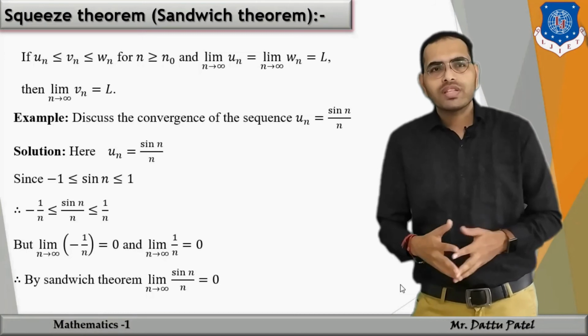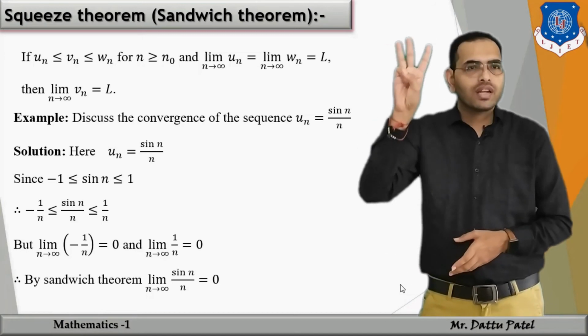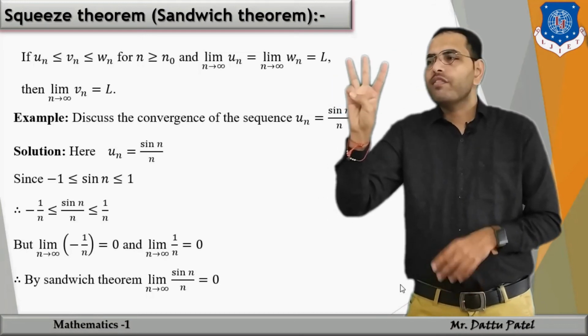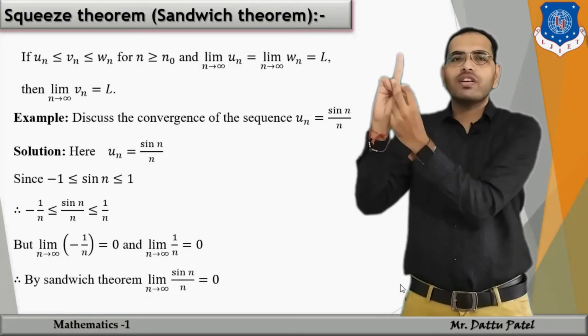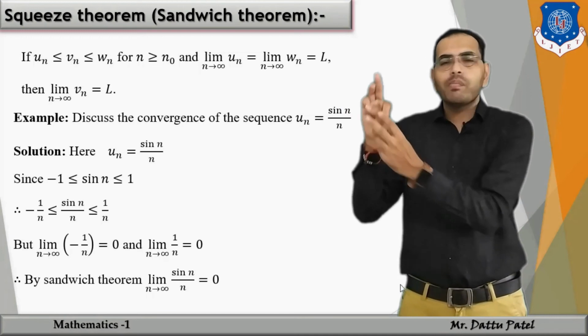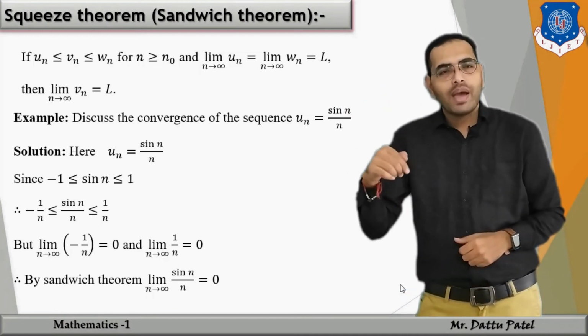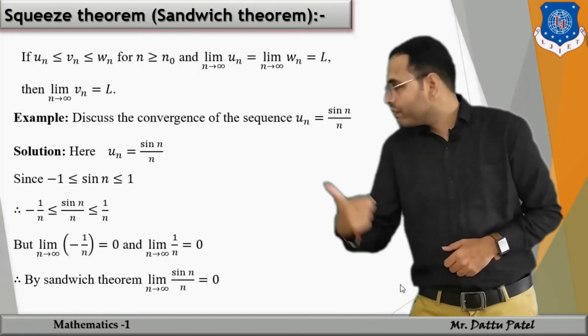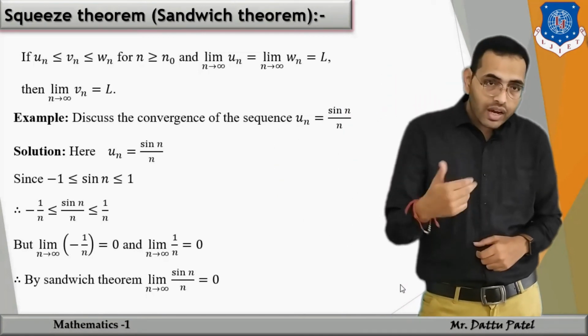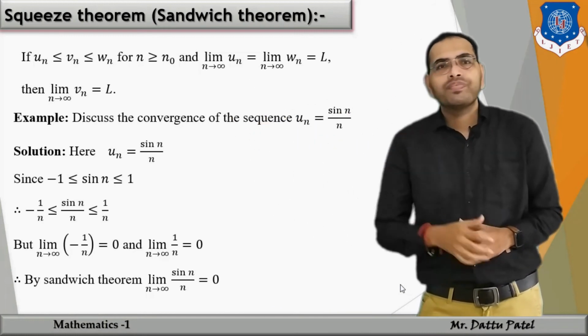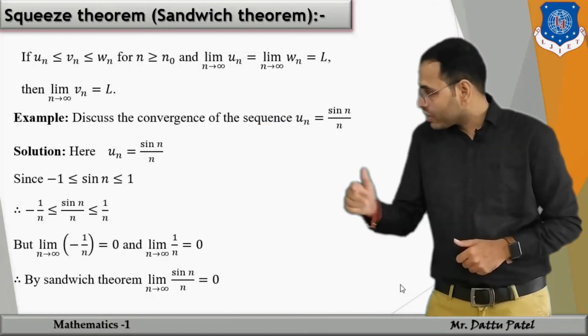According to the sandwich theorem, these are the three sequences: -1 upon n, sin n by n, and 1 upon n. We find the limit of the first and last sequences. Limit as n tends to infinity of -1 upon n is 0. Again applying the limit to the last sequence, limit as n tends to infinity of 1 upon n is also 0.